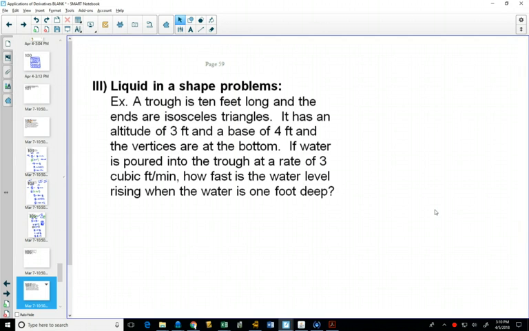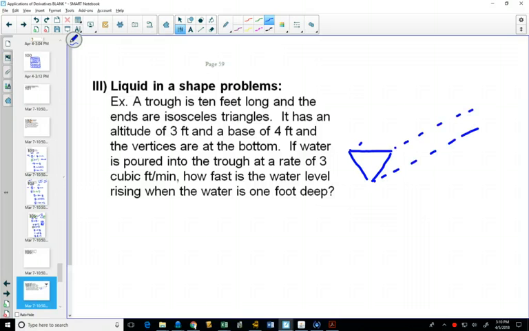Like for example in this one, we've got a trough 10 feet long, and the ends are isosceles triangles. So if you don't know what a trough is, here is an isosceles triangle. And so it is something that could hold water.